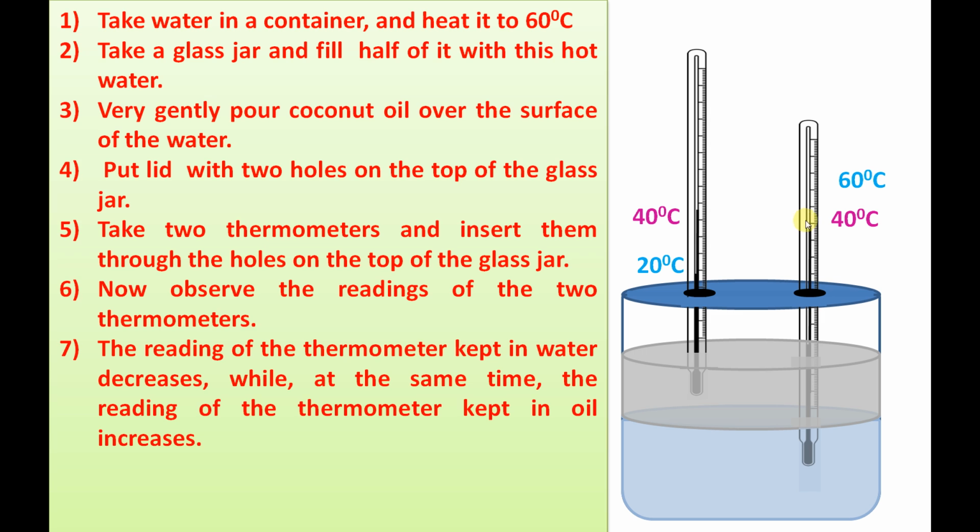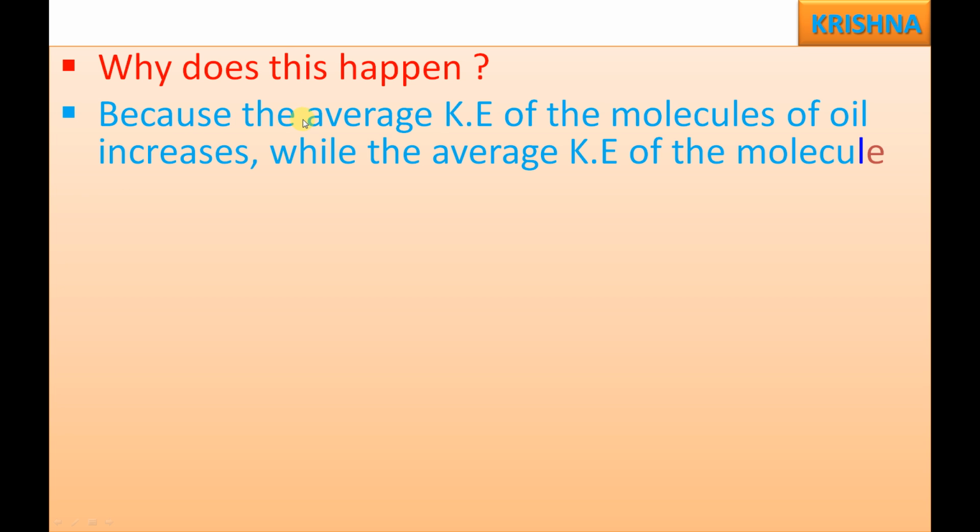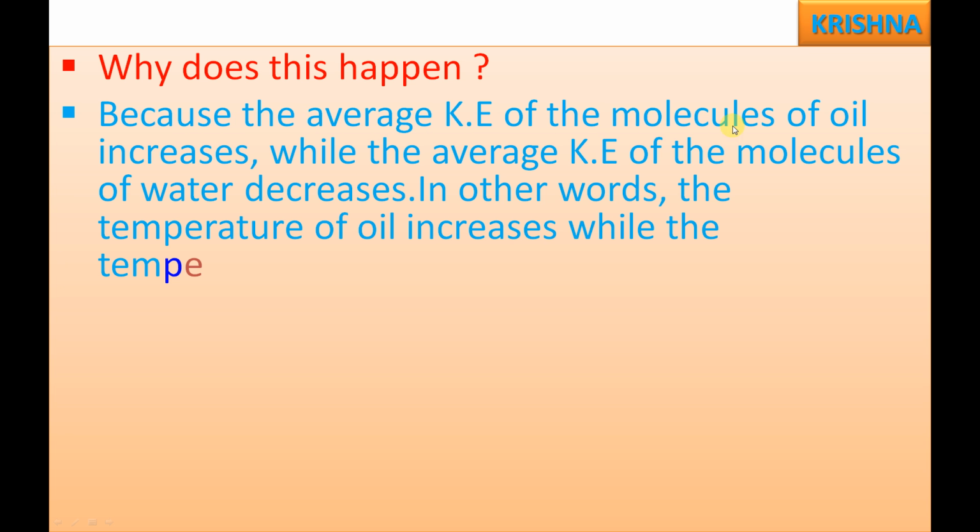So from this activity, what do you notice? Why does this happen? In the oil region the thermometer mercury level increases, and in the hot water region it decreases. Let's explain. Because the average kinetic energy of the molecules of oil increases, while the average kinetic energy of the molecules of the water decreases.